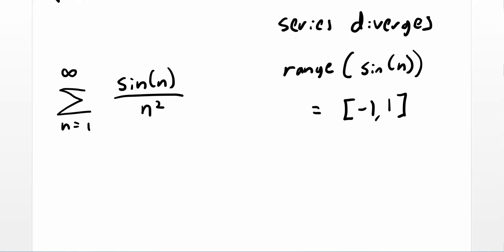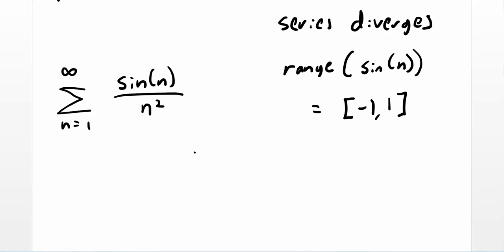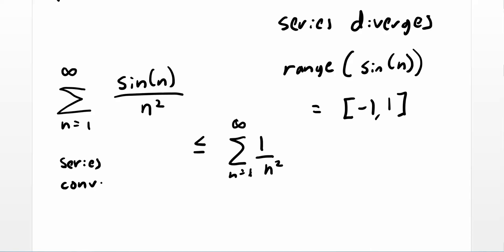So we can say that this series is less than or equal to the series of 1 over n squared. And this is a convergent p-series, therefore our series also converges, because we are less than a convergent series.